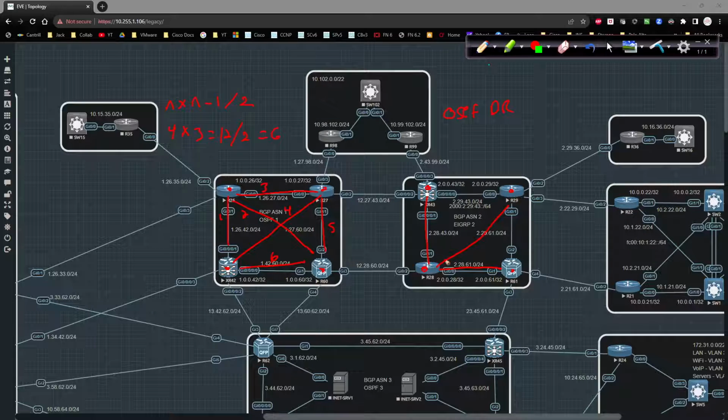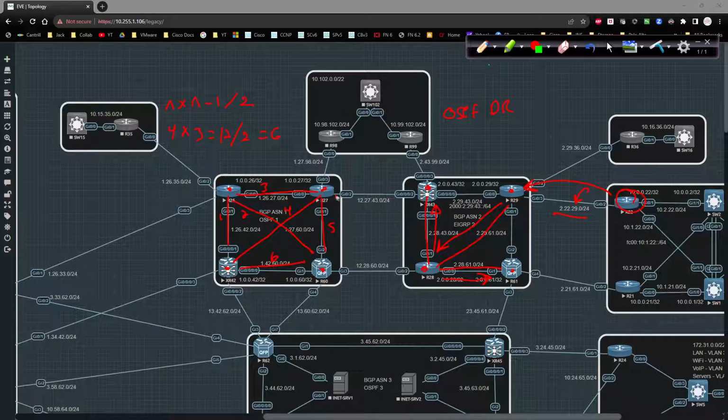What ends up happening now is if I have a BGP peering here and R22 decides to advertise this subnet to me, I learn that route, and then 29, being a route reflector client, will send that update to 28. Then 28 will reflect that out to 43 and to 61 respectively.